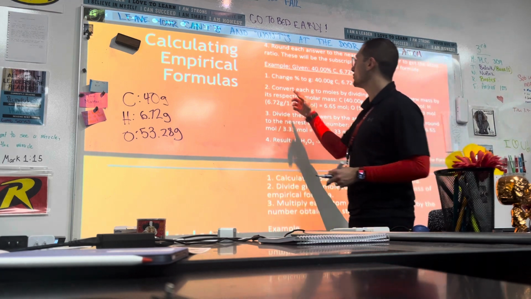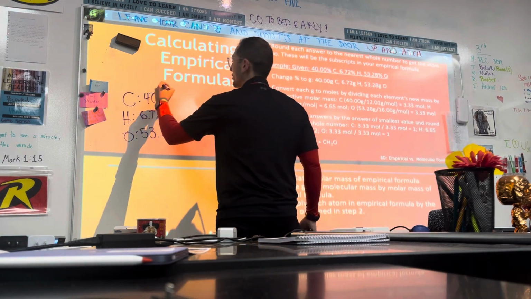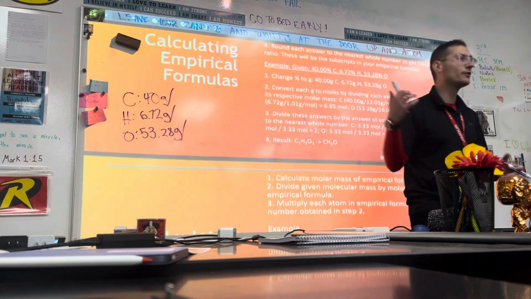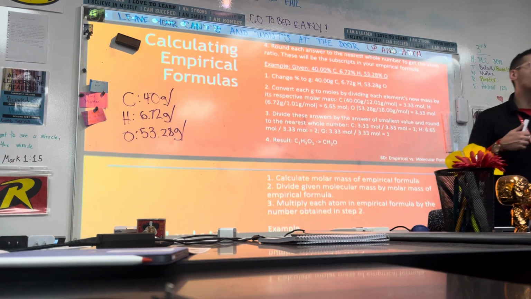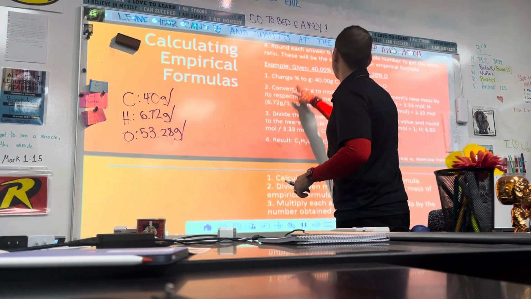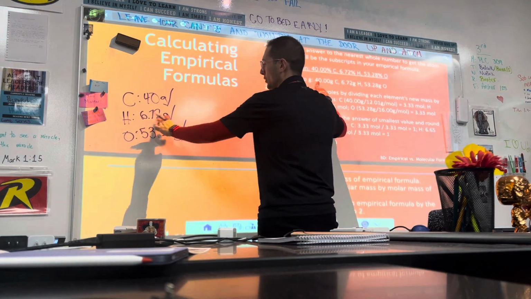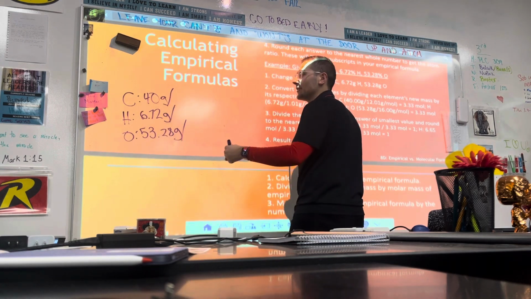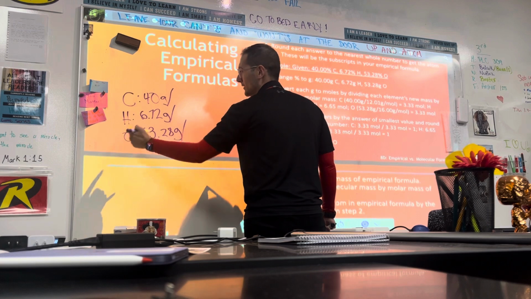And then when we do that, that allows us to convert each of these to moles. And when I can convert these to moles, I can then start to figure out my formula. So I have 40 grams, 6.72 grams, and 53.28 grams. I'm going to now divide by the molar mass of each of these elements.